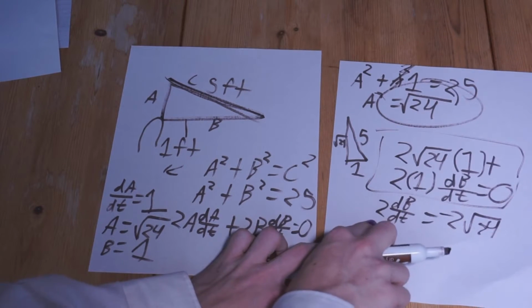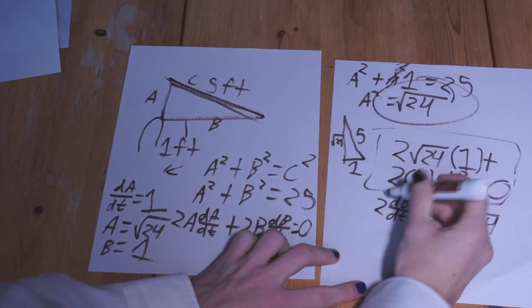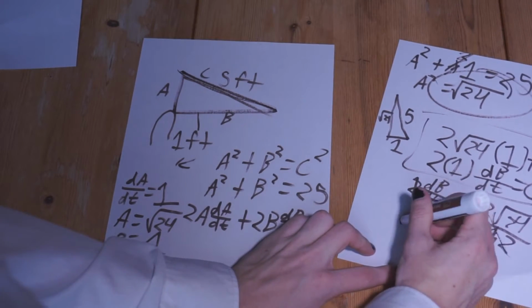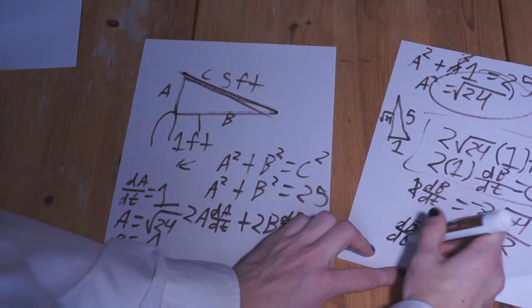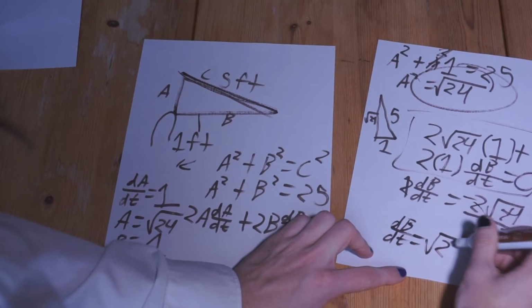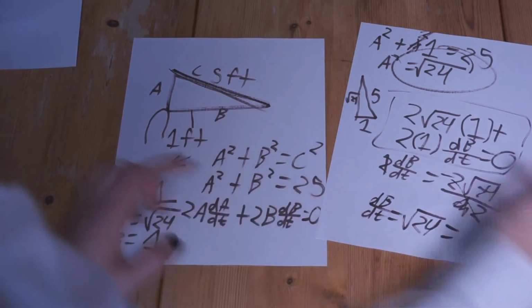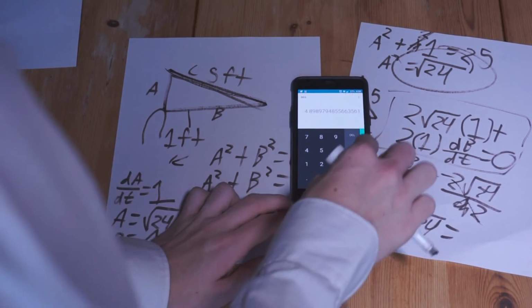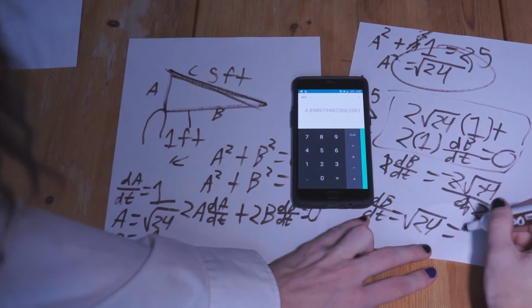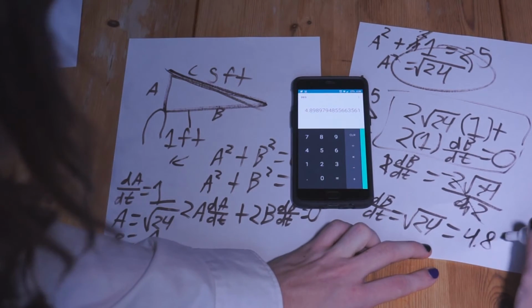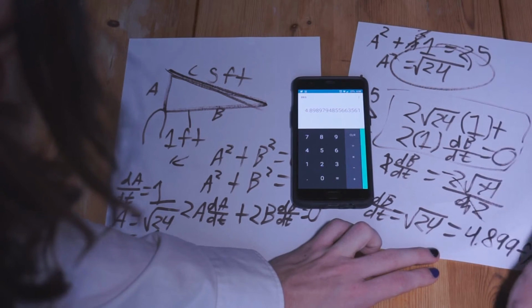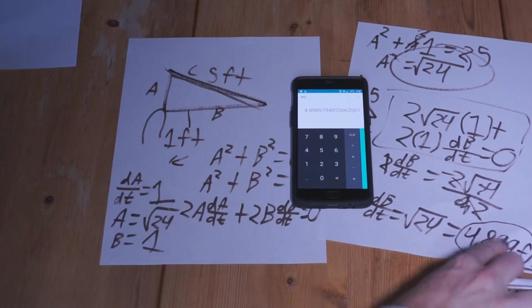And then we divide by 2 to get rid of that. We can cancel out the 2's and we're left with dB over dt equals the square root of 24, which equals 4.899 feet per second. And that is how fast it is traveling at 1 foot.